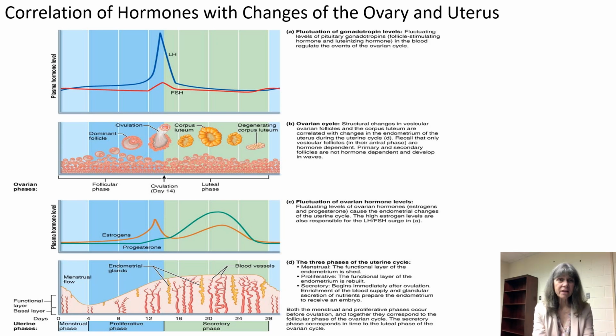We've got that big spike in luteinizing hormone and a spike in follicle stimulating hormone as well. And then we see ovulation occur. And then in the post-ovulatory phase, you can see the correlation of the increase in progesterone as well as more estrogen, but definitely progesterone in response to the corpus luteum, as well as how that affects the endometrial lining in the secretory phase.